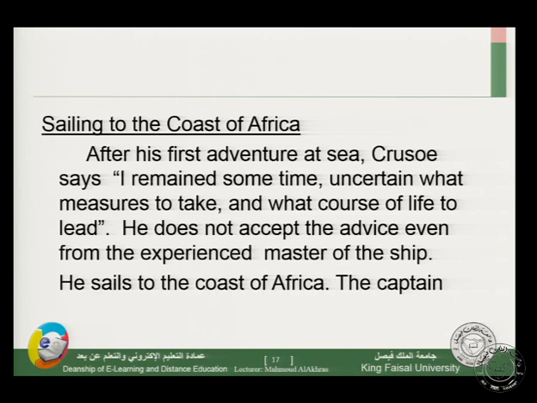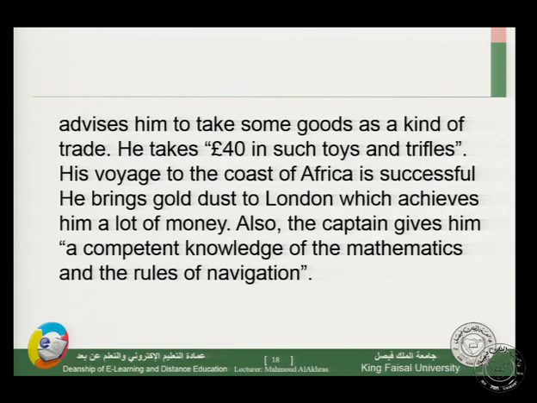The captain advises him to take some goods as a kind of trade. He takes around £40 in such toys and trifles. He takes some objects in order to trade in Africa. His voyage to the coast of Africa is successful.